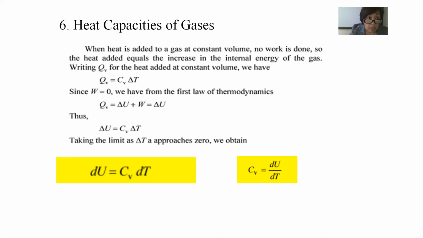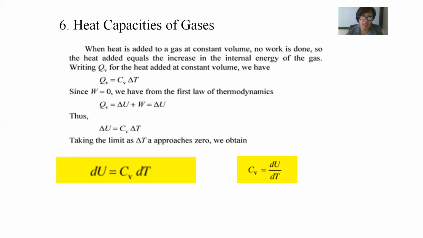Number 6, the equation and heat capacity of the gases. We know that when heat is added to a gas at constant volume, this is characterized as an isochoric process. No work is done, because the work is equal to 0, and the heat added equals the increase in the internal energy of the gas.